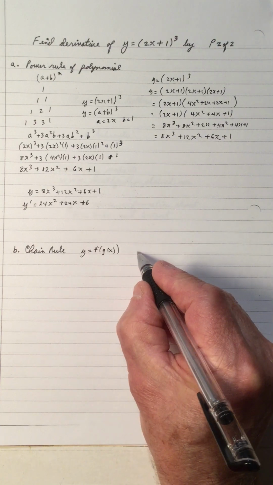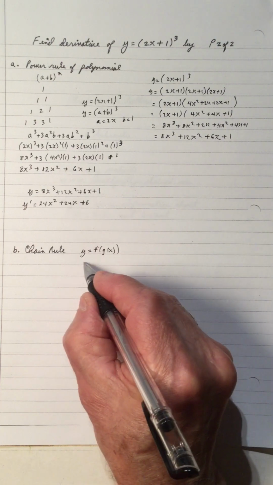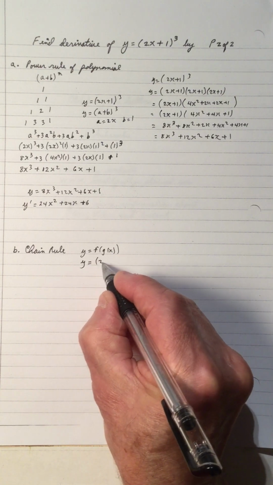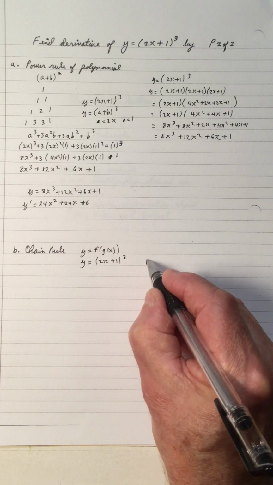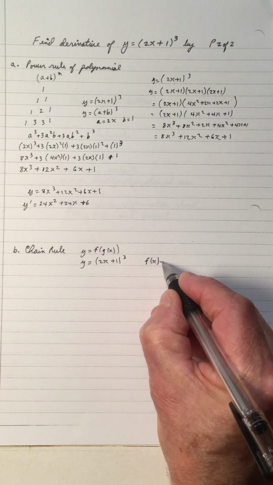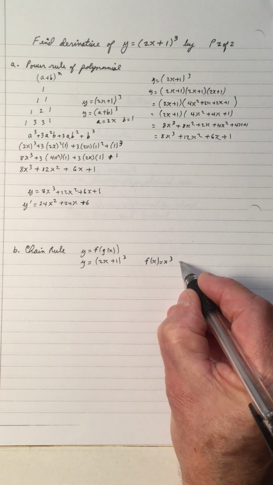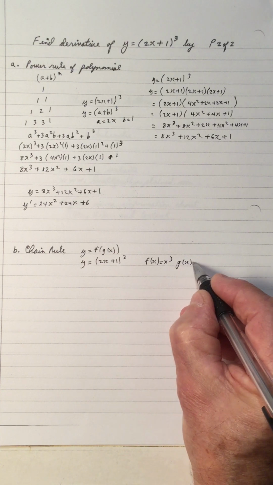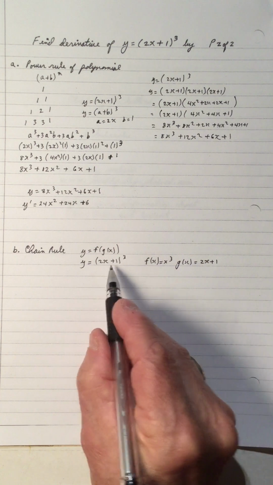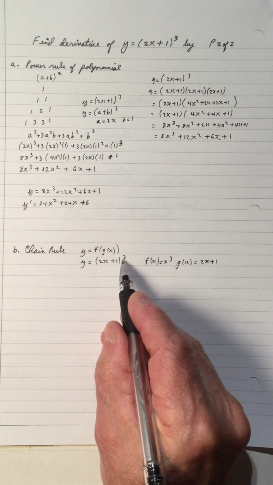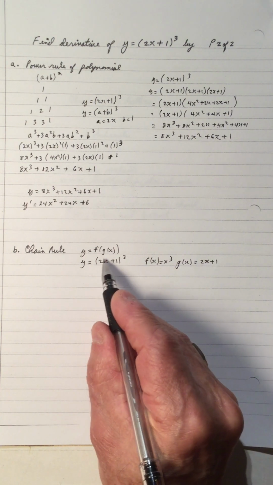So in this function, which we have y equals 2x plus 1 cubed, the f of x is the x cubed, and the g of x is the inside, which is 2x plus 1.